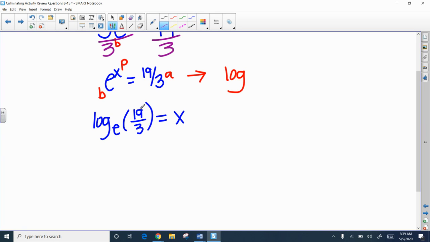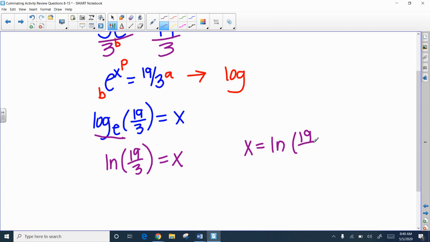Now, we do hopefully recognize that the log base e is one of our special logarithms. This is a natural log. So instead, I would rewrite this as natural log of 19 thirds equals x. Then step 3 is to isolate the x or solve for x, but the x is already by itself. So that's actually our answer. x equals natural log of 19 thirds.